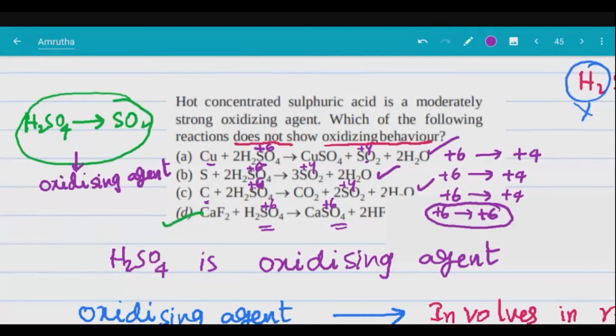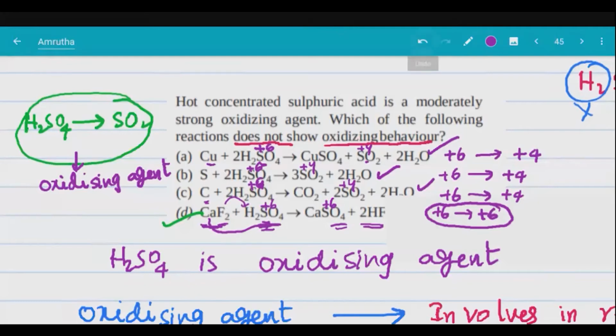Acha, you are asking for a different name for this. See, what is happening in this reaction? This is not redox, no doubt, right? There is no change in oxidation number. Then what is it? Ions are getting exchanged. Fluorine is going with H, calcium is going with SO4.